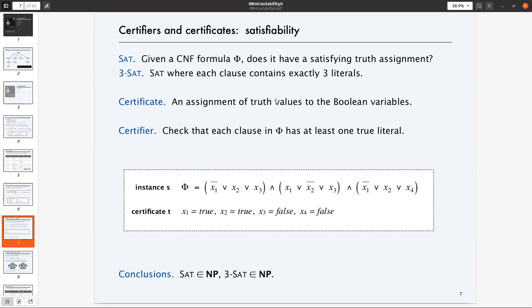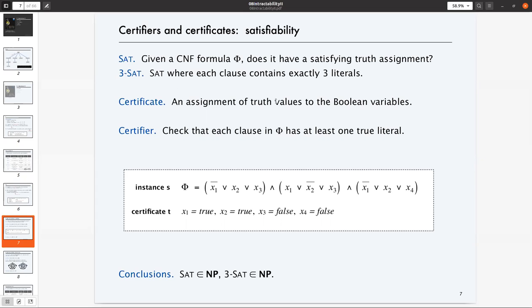Someone is giving you exactly the truth assignment. How they are producing that truth assignment, you don't know, but they are saying that this is the truth assignment for your boolean formula. So you can verify: just put those values in your formula and verify that yes, this is a truth assignment for my formula, and you can say yes, right?